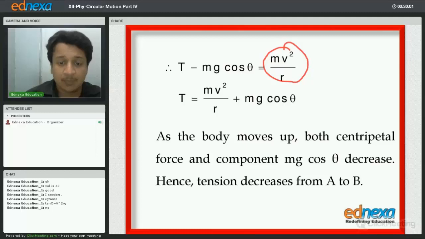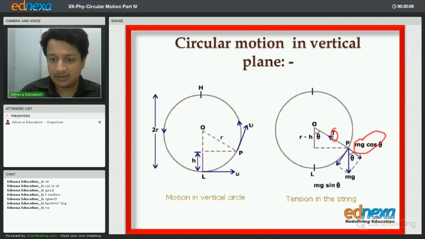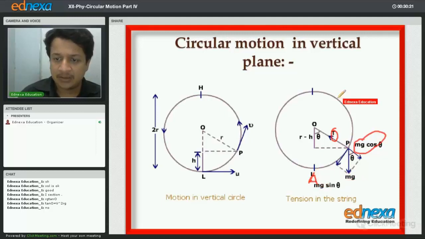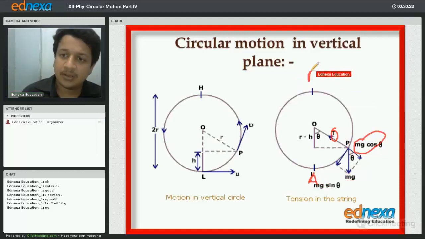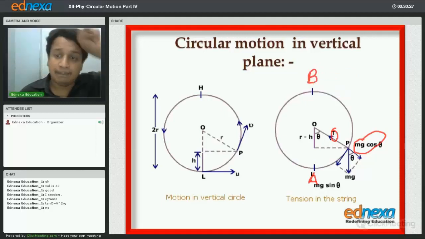Now, this is a very important point. We are going to think about tension as we move upward. Suppose this is point A and this is point B, then tension will decrease from A to B. Why? What is the reason behind it?